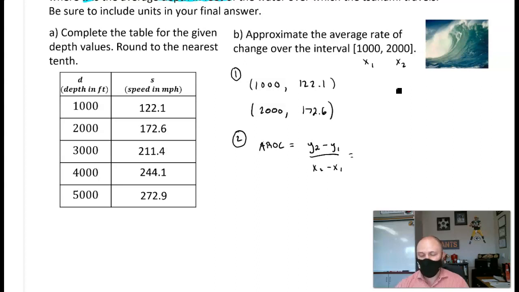If you misplace values, that's a great way to just straighten yourself out. So you can say, okay, what's my Y2? Well, Y2 is the second Y value, 172.6. Okay, what's my minus Y1? Well, my first Y value was 122.1.